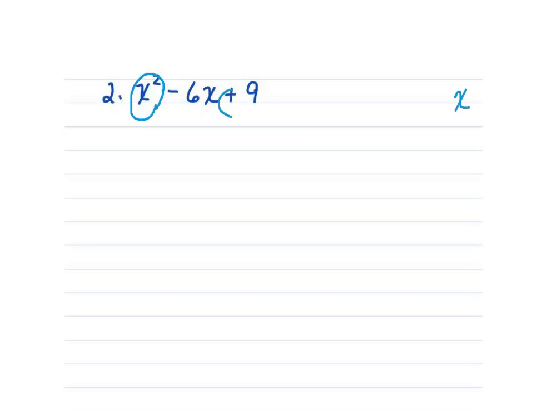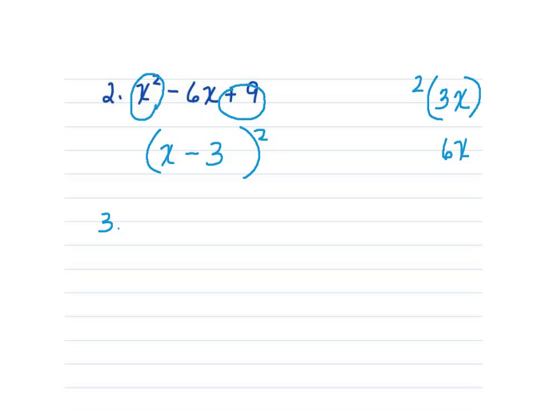Is the last term a perfect square? The answer is yes, and its square root is 3. And if we double the product of those two, we would get 6x. Is that our middle term? The answer is yes. So we can use the pattern to factor. So this would be x minus 3 squared.